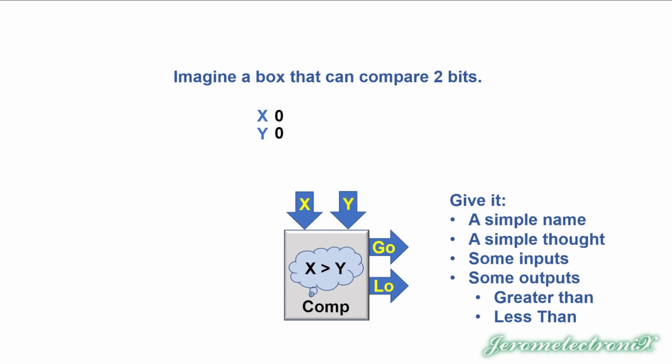So we got a greater than output port and a less than output port. If x is greater than y, we'll put a 1 in the GO output. If x is less than y, we'll put a 1 in the less than output. What if they're equal? Well, equal means that neither of them are greater than the other, so we would just put a 0 into both, and a 0 in both means that they are equal to each other.